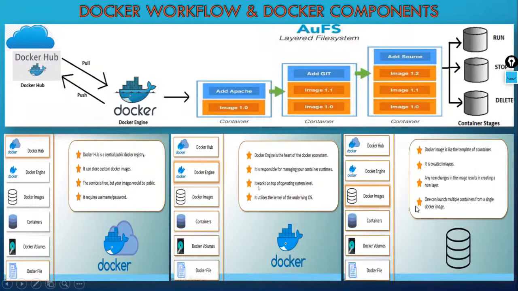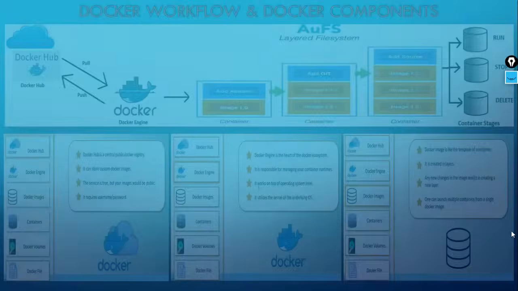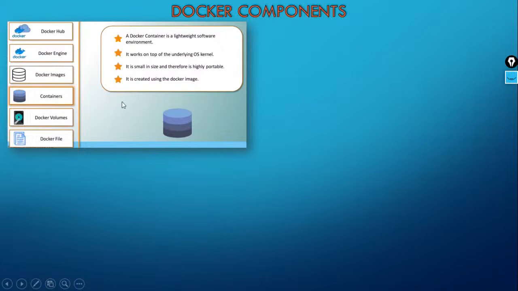Thereafter, you have the Docker images. We have discussed what is an image. And then there is the container. You cannot have an image. The image is static. It cannot be accessed unless and until you put it inside a container. So the container is the dynamic part of an image.